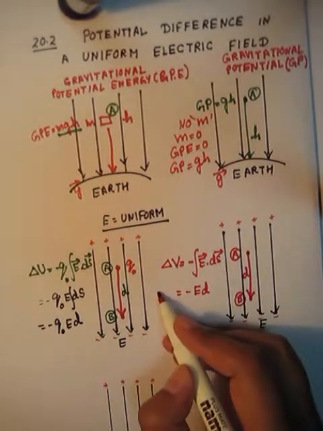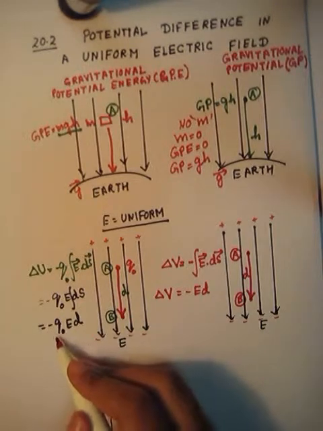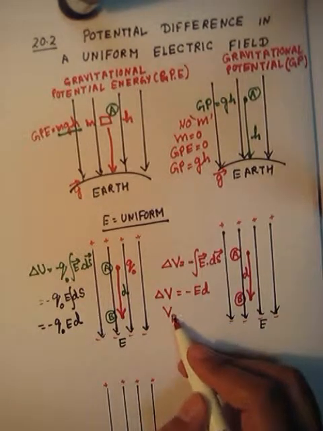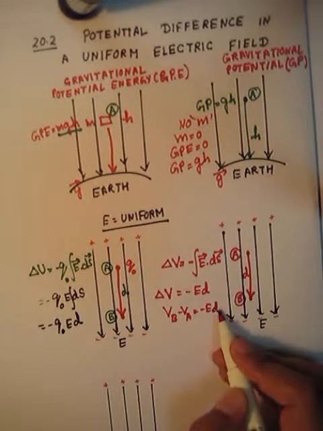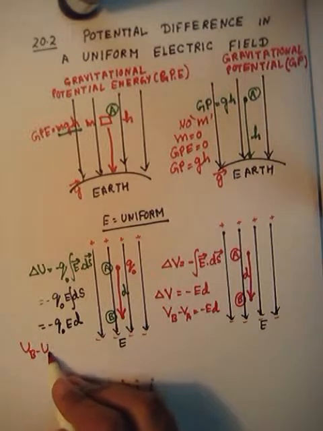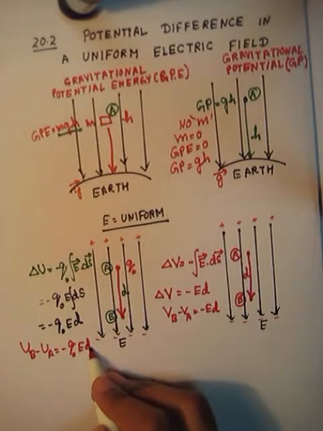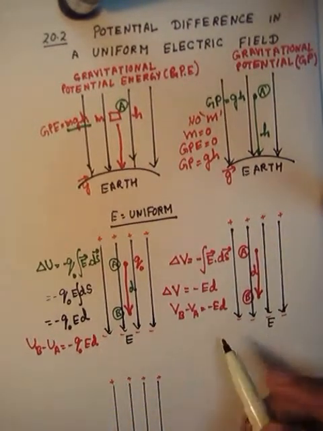So the change in potential is minus Ed, and the change in potential energy is minus q0 Ed. If I write it, VB minus VA is equal to minus Ed, and UB minus UA is equal to minus q0 Ed. What information can we get from here?